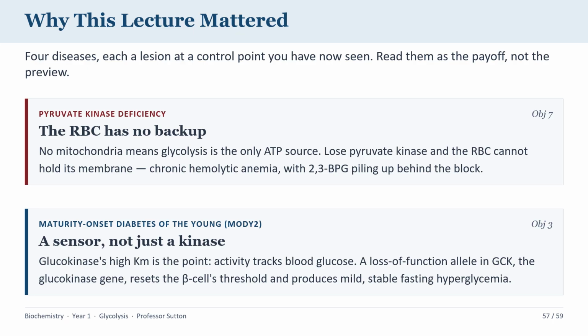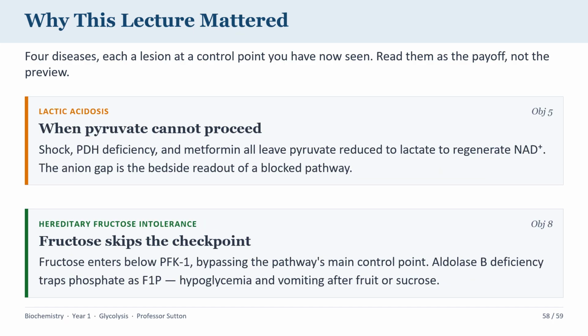And with MODY2, glucokinase is a sensor, not merely a kinase. So a loss of function allele resets the beta cell's threshold and gives mild, stable, fasting hyperglycemia. Lactic acidosis, shock.